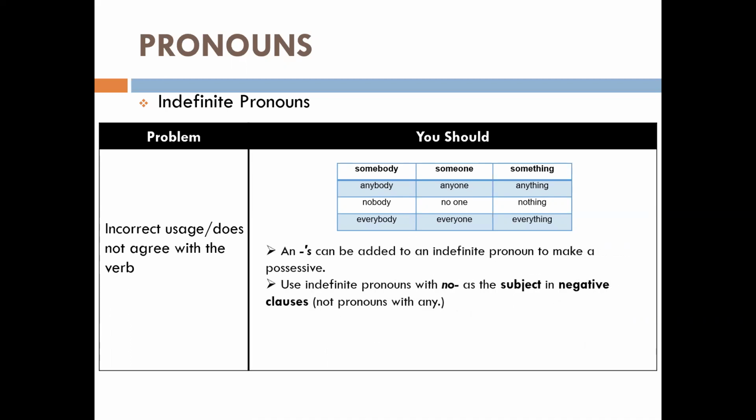An S, listen. An S can be added to an indefinite pronoun to make a possessive. Okay, makinig mabuti. Alam ko may nagmamay-ari nung payong. Siyempre, sino ba naman magmamay-ari nung payong kundi tao?